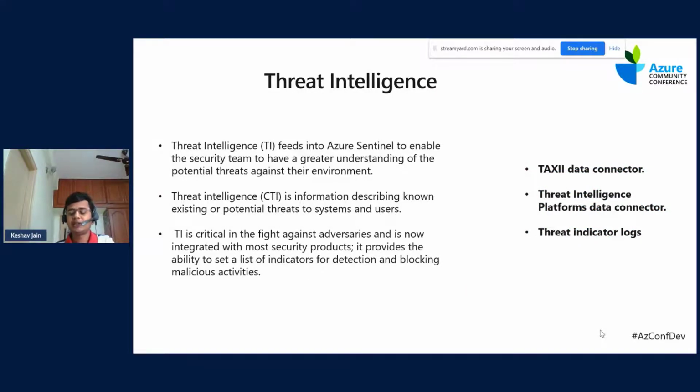Now, there is a very important concept called threat intelligence. If you talk about cyber security, it's a bit complex thing, because due to the sophistication of the attacks, the sophistication of the hackers or attackers, they have made cyber security a little bit challenging.